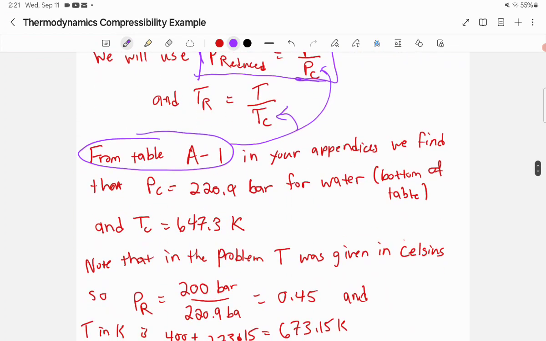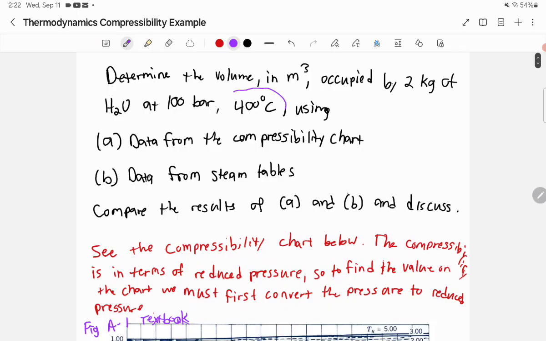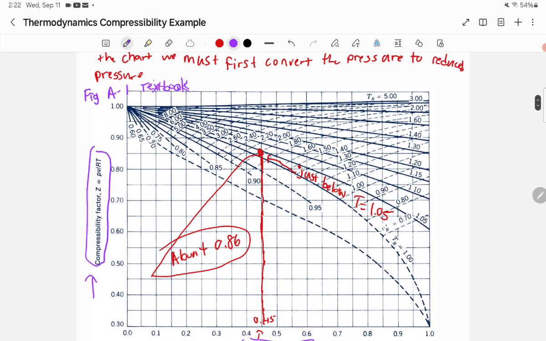Okay. So going back and looking in the appendices at the very bottom of table A1, you find water, and the critical pressure for water is 220.9 bars, and the critical temperature for water is 647.3 Kelvin. But we have to be careful because we were given a temperature in Celsius, so we're going to have to convert that as well.